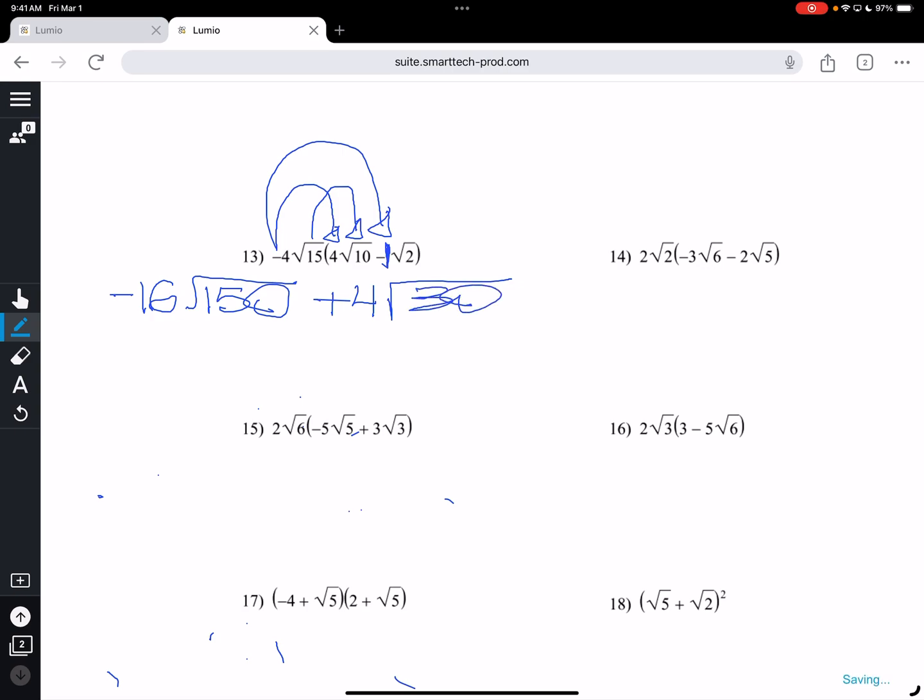Now, we're coming back to the 150, but I'm going to say this about radical 30. I personally think radical 30 should be able to break down. There's got to be a number in there, but it didn't. That's a big number, but it is 1 times 30, 2 times 15, 3 times 10, 5 times 6. None of those are perfect squares. So radical 30, while it's a big one, remains radical 30. You don't have to break it down.